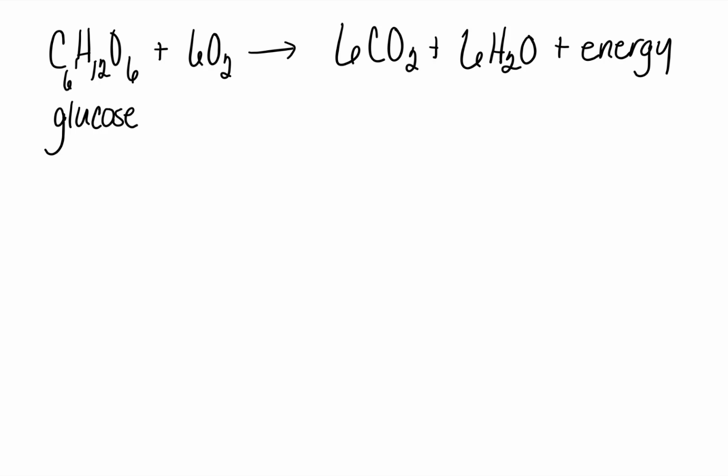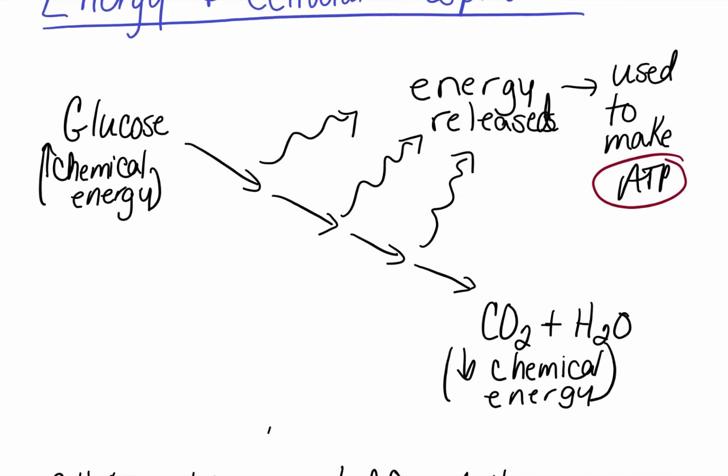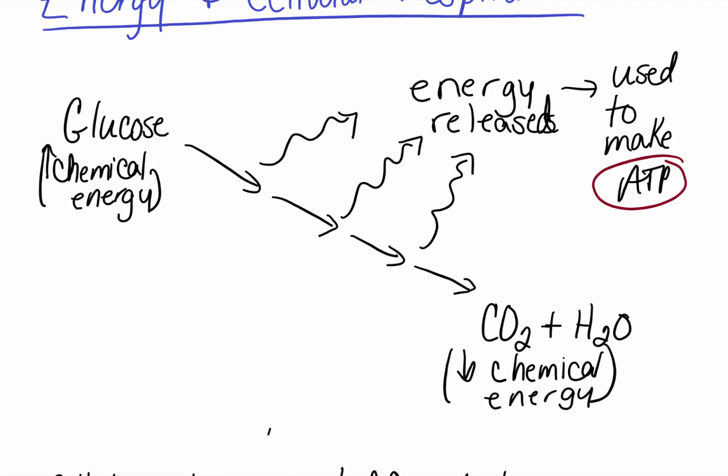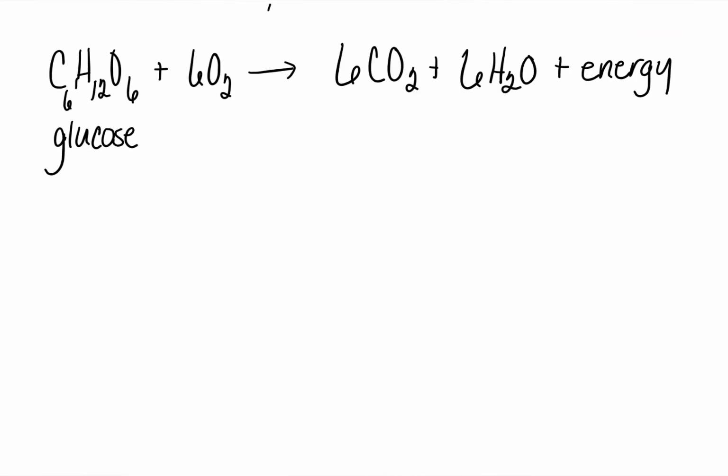In this metabolic pathway of cellular respiration, that glucose molecule is broken down into 6 CO2 and 6 water molecules. And this is just another way to look at what we had previously looked at above, knowing that glucose has that high chemical energy, and CO2 and water have a lower chemical energy.